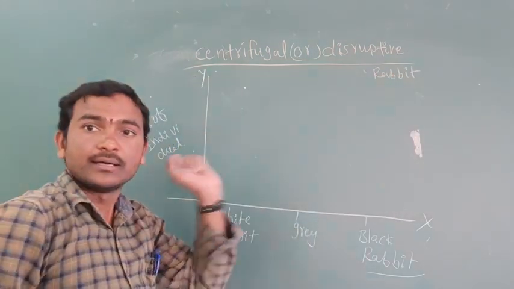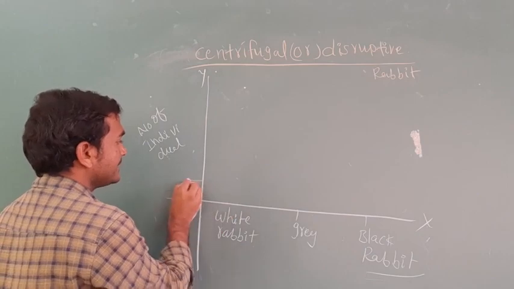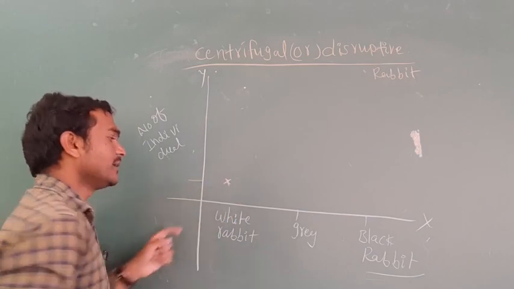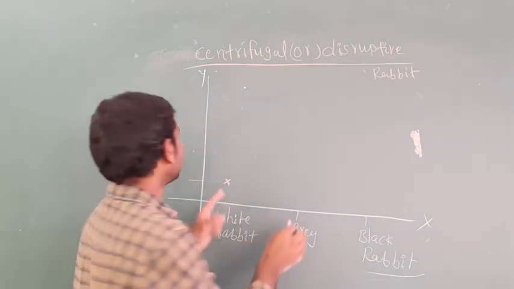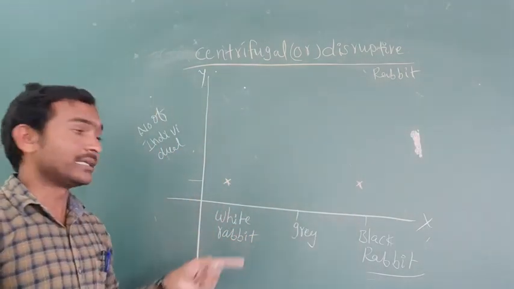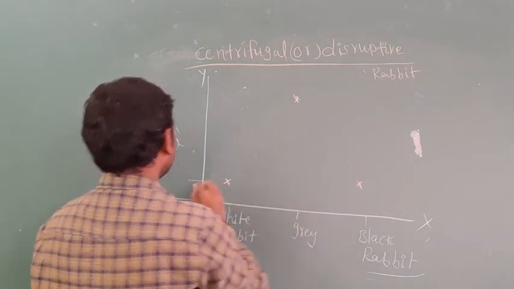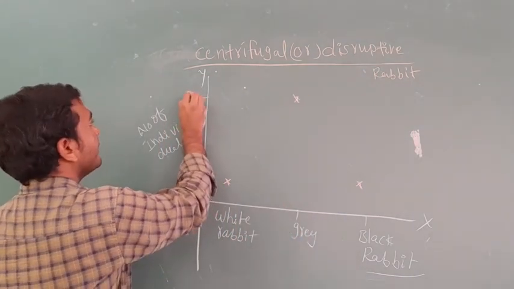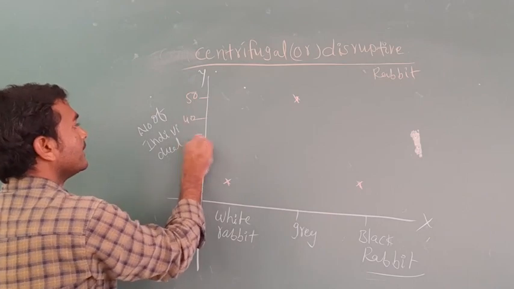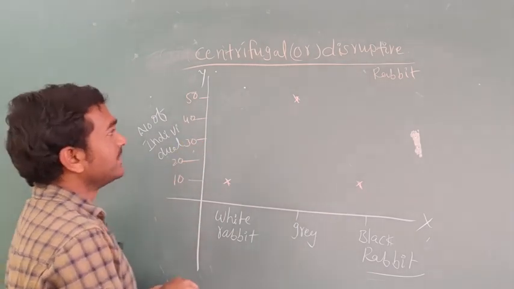We can take 10 white rabbits, the next 10 black rabbits, and the remaining, around 50, grey rabbits.